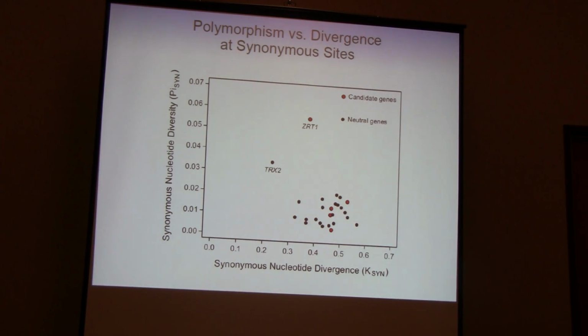So one of them is an outlier. The other 4 are not particularly noticeable. One of the randomly selected genes, TRX2, which is a rather short gene, also appears to be an outlier. But for this one gene, ZRT1, it has a significantly elevated rate of synonymous polymorphism as measured by the HKA test, which compares synonymous polymorphism and divergence, regardless of whether you include TRX2 or not.